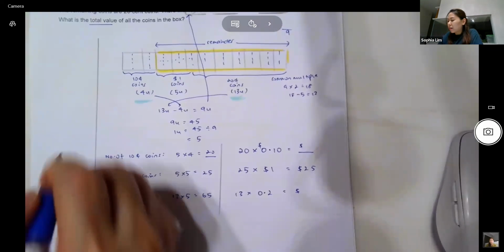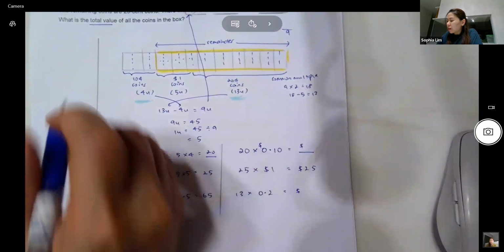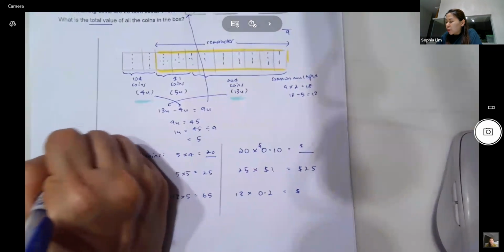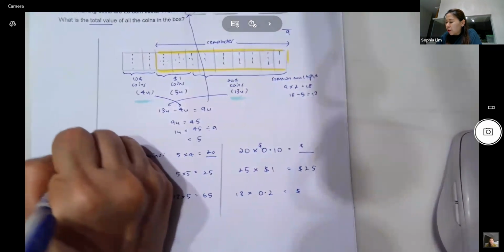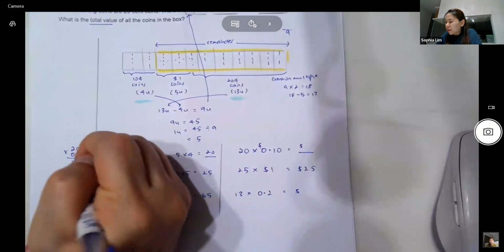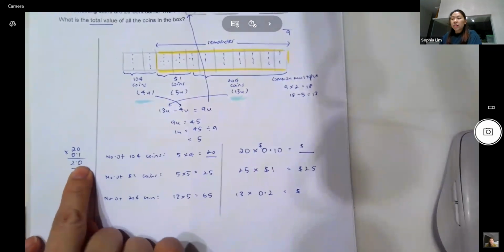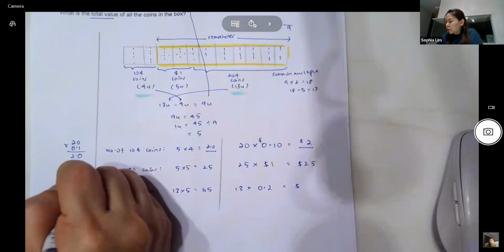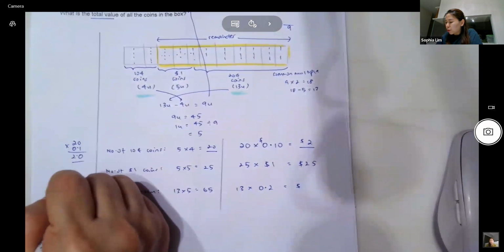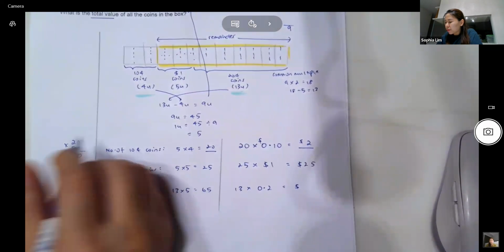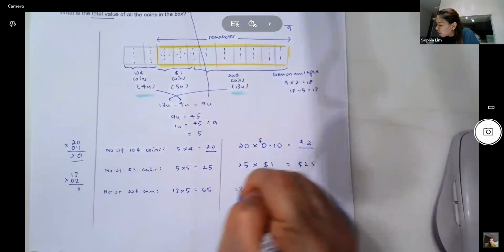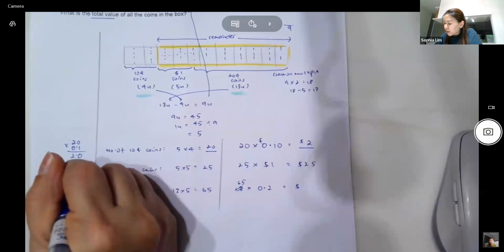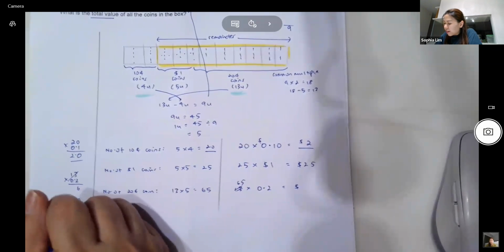So how to multiply? This one, you can take 20 times 0.1, and you put back the decimal point, you see that it's $2. This you can take 13 times 0.2, same thing. Sorry, not 13, 65. 65 times 0.2, you will get 13.